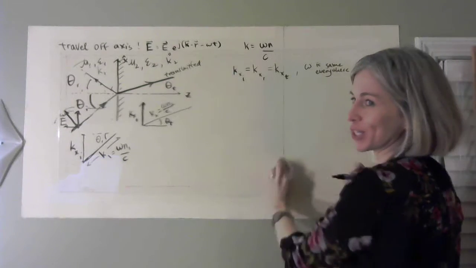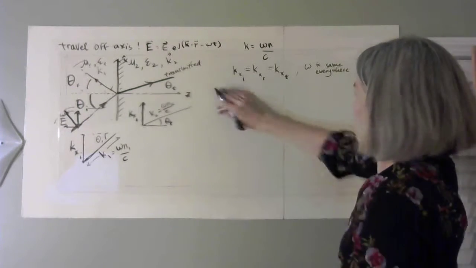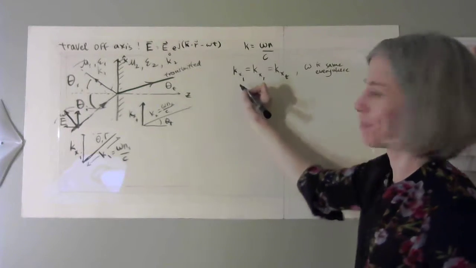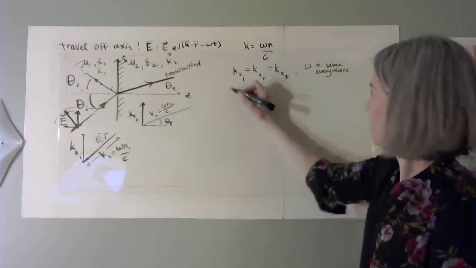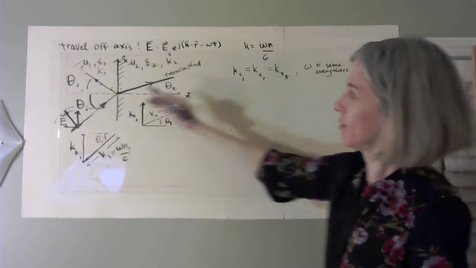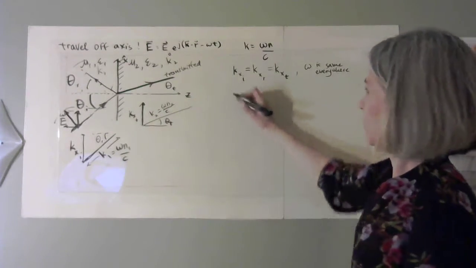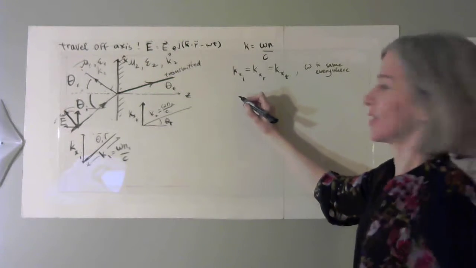That's kind of reassuring. You don't want a different color light coming back out at you. And the wave number components are the same: the x and the y component, which we didn't have, are the same, because we didn't learn anything about the z component because it got knocked out.